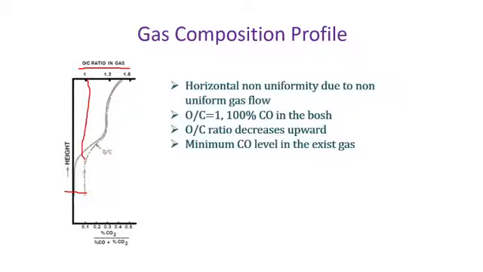So it is about 1 in the Bosh region. That means what? O by C ratio 1 means 100% CO is there. Maximum CO is there.